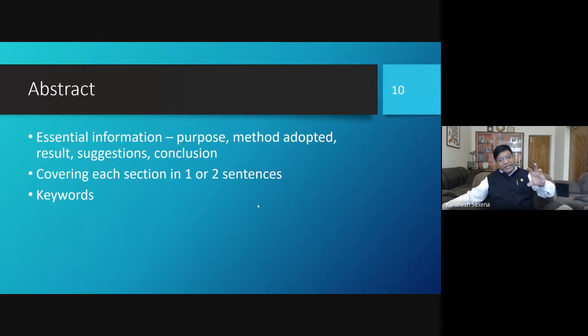In other words, we can cover each and every section in 1 or 2 sentences in the abstract. And keywords are very, very important, because your keywords will help you in getting more and more citations.